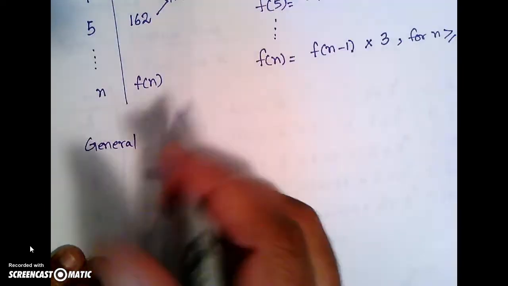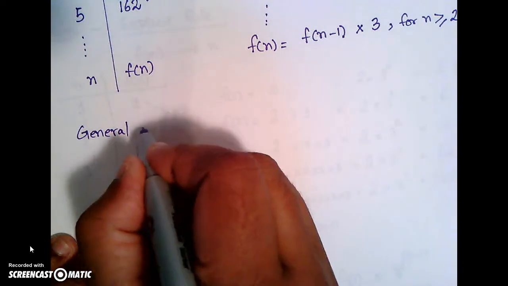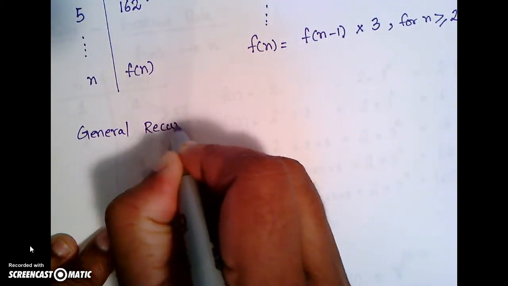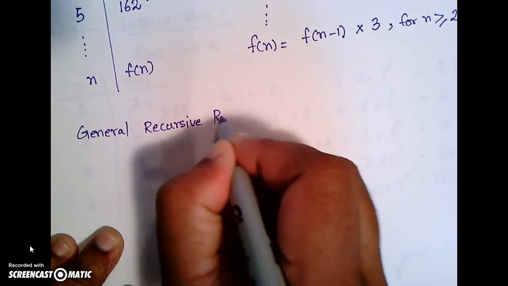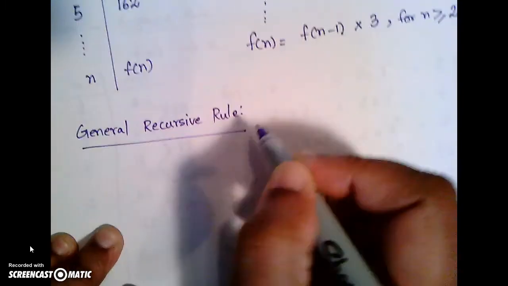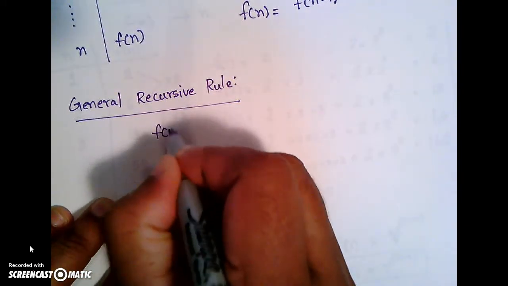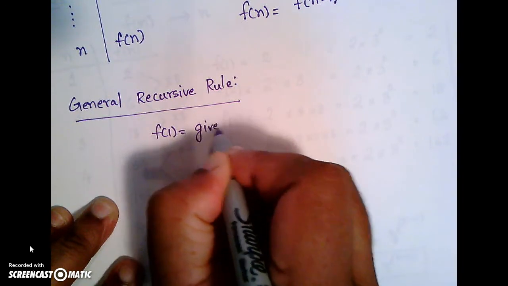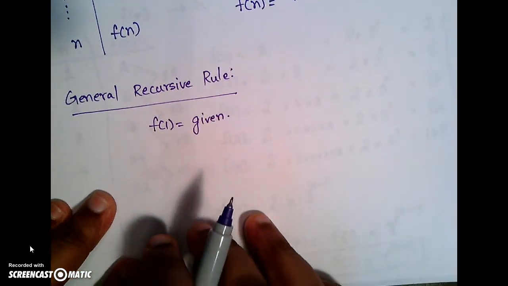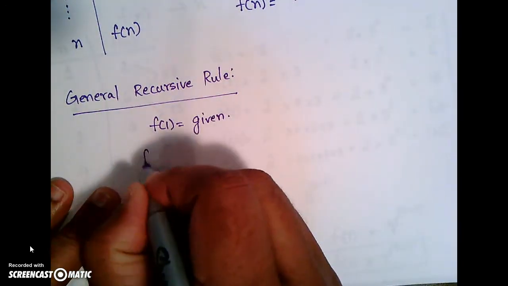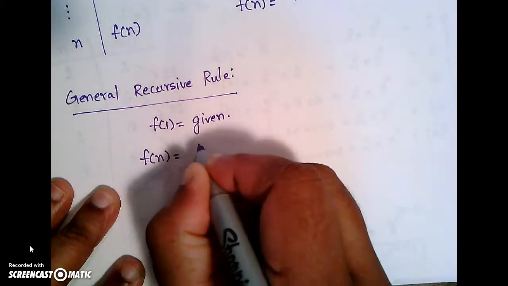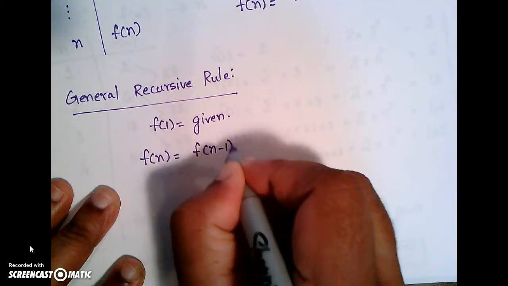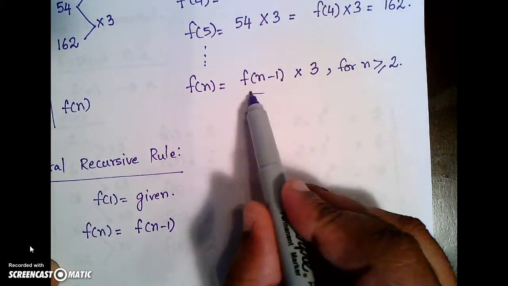But how do I do it for any geometric sequence? So general recursive rule. Remember, it's a two-part rule. I have to give what f of 1 is. F of 1 is given. And I have to write a rule for f of n. I take my previous term, and what do I do with the previous term?